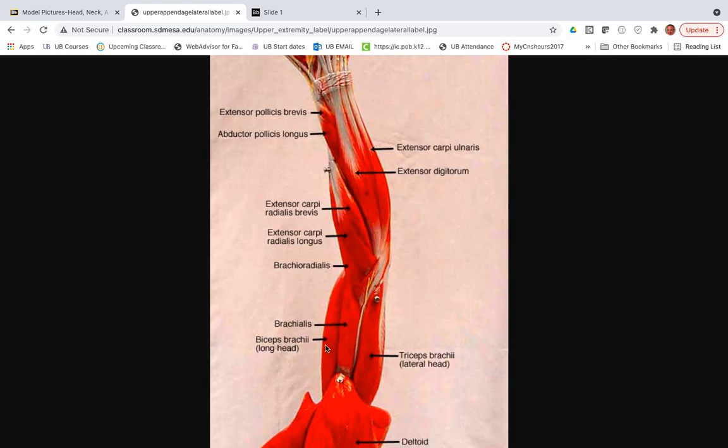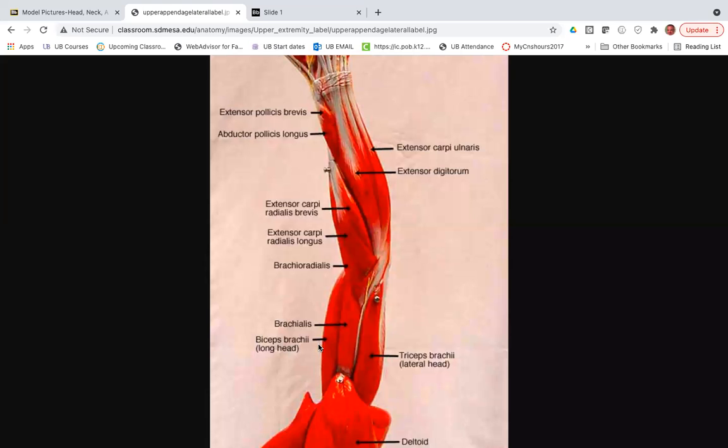So the biceps brachii can flex the elbow in a supinated position. The brachioradialis can flex the elbow in a handshaking position, which is neutral.